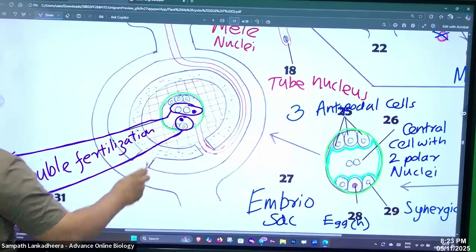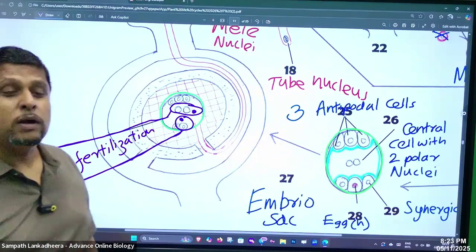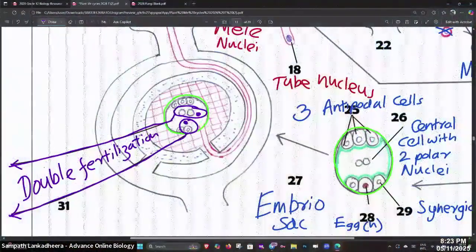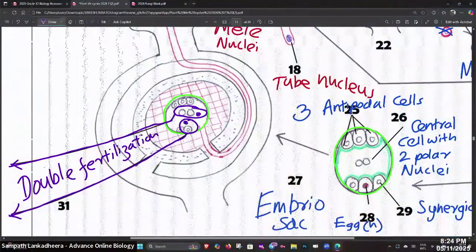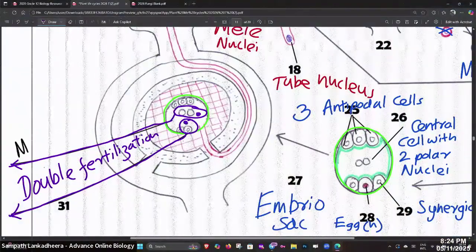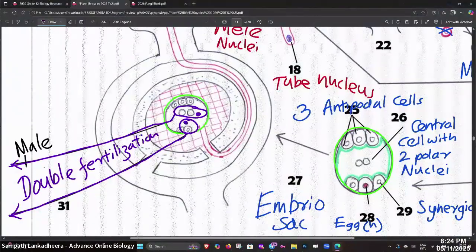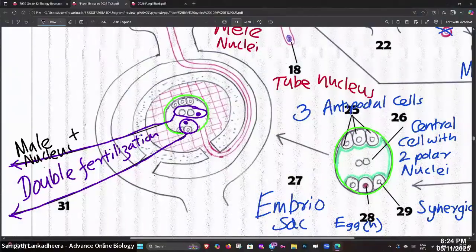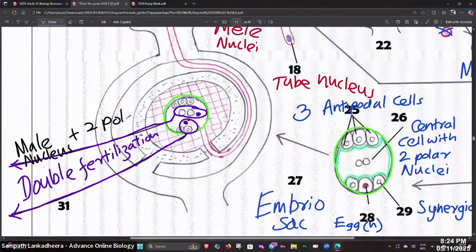Double fertilization. Fertilization happened two times. So what happened in the double fertilization? A male nucleus plus two polar nuclei.